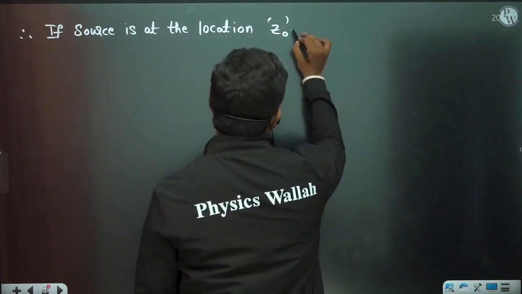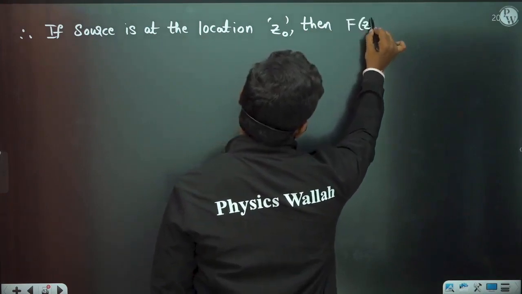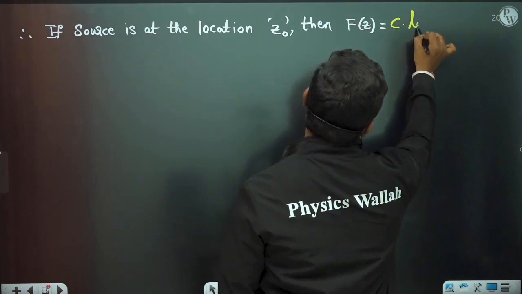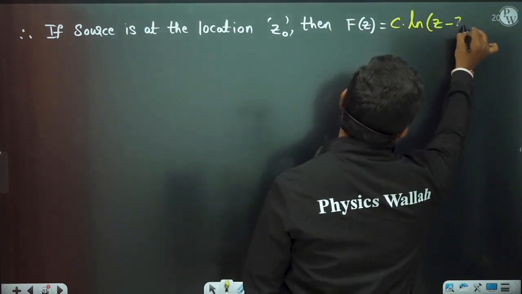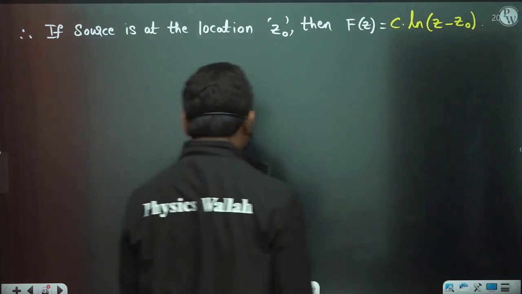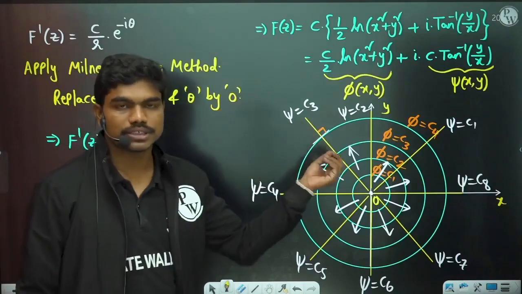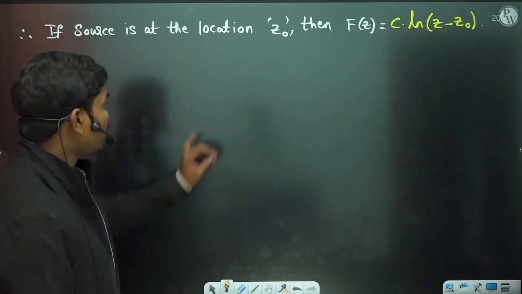Then in such a case, f of z in general is given by this constant times ln of (z minus z0). Okay, so this is the generalized function. Normally I'm just giving you this point.